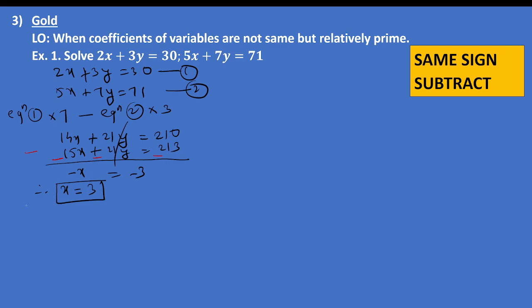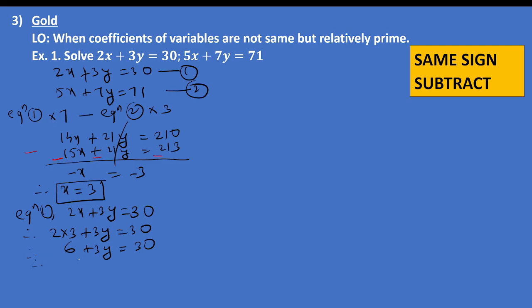So to get the other variable value, I'm going to use equation number 1, which is 2x plus 3y equals to 30. Therefore 2 into 3 plus 3y equals to 30, which is 6 plus 3y equals to 30.